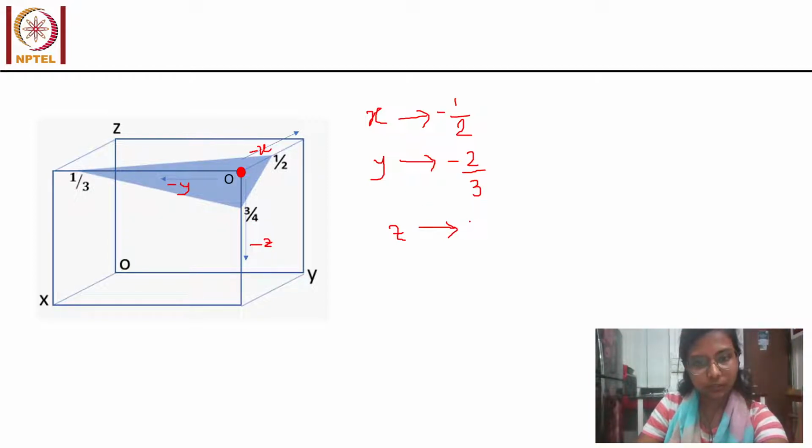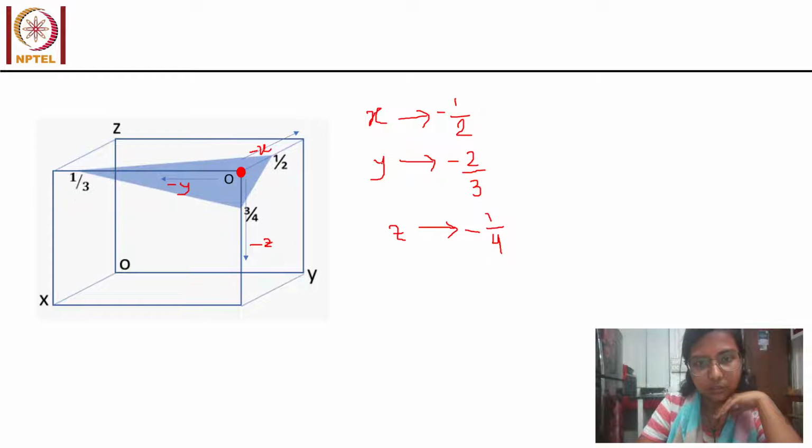If we can do it mentally, 1 minus 3/4 will be minus 1/4, right? I hope it is clear what we are trying to do.